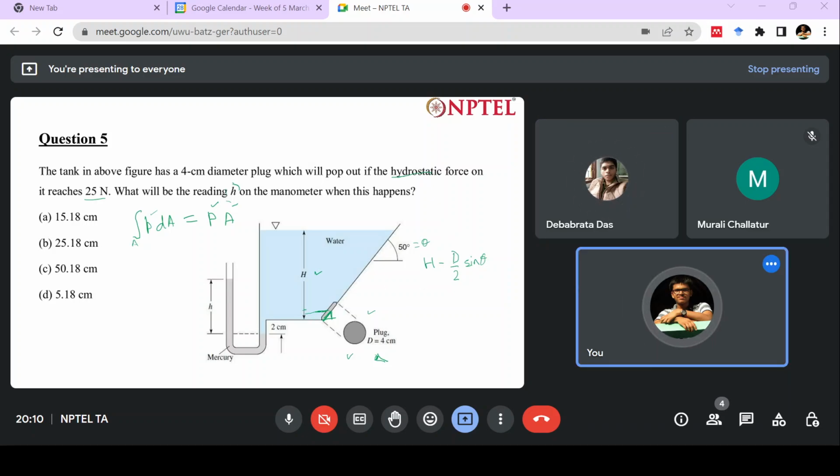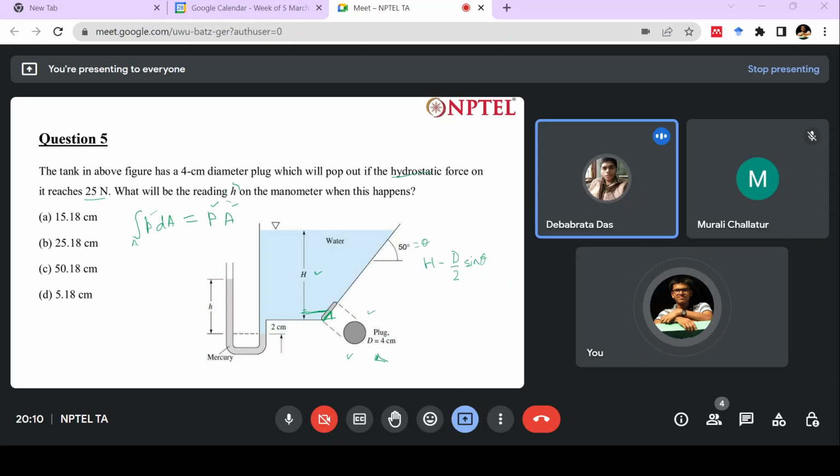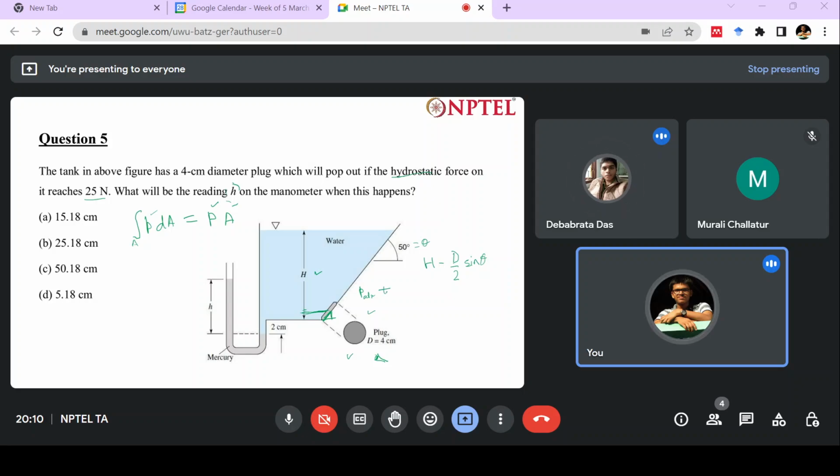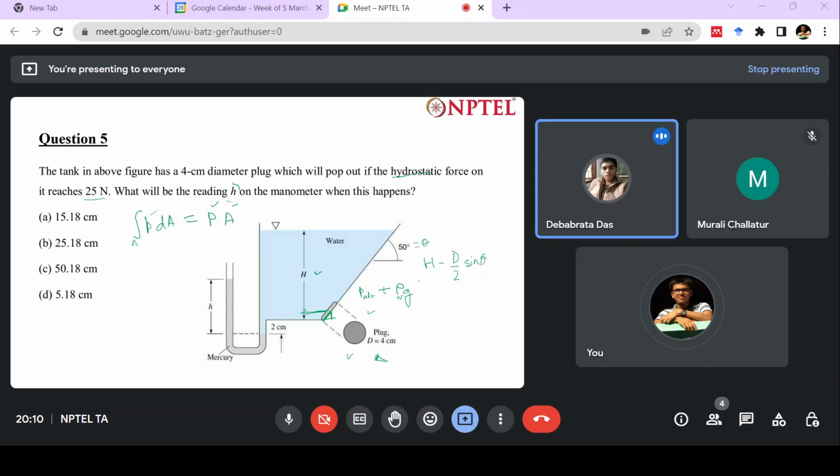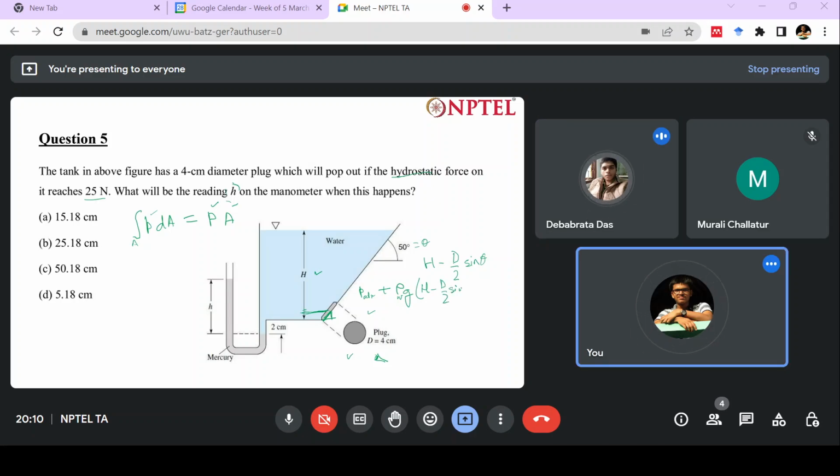What is the pressure at this particular point? Since at the end of the day I have to balance the pressures, I'll take the pressure at this point. The pressure at this point is P atmosphere plus rho g, rho of water, into (H minus d by 2 sine theta).